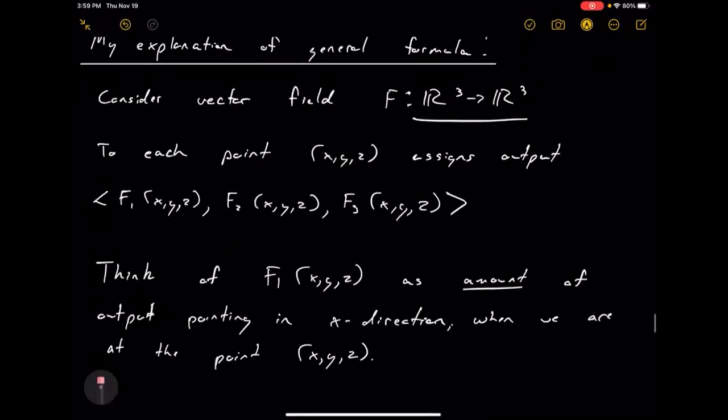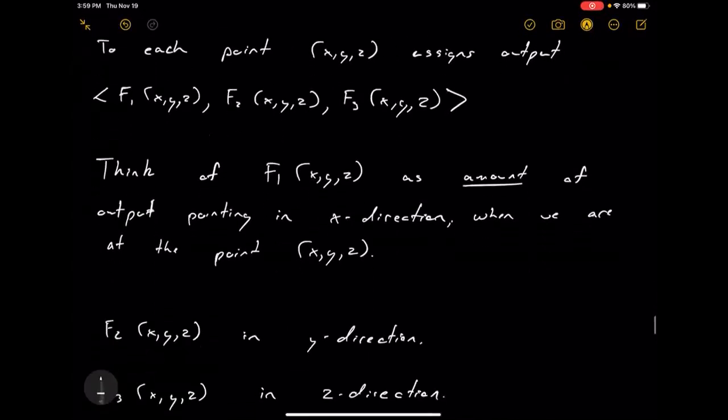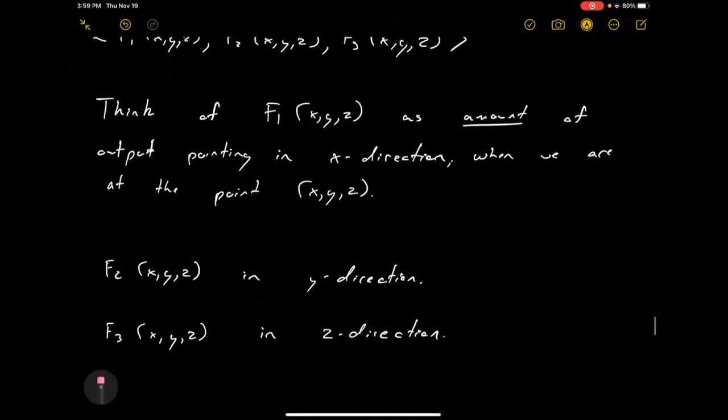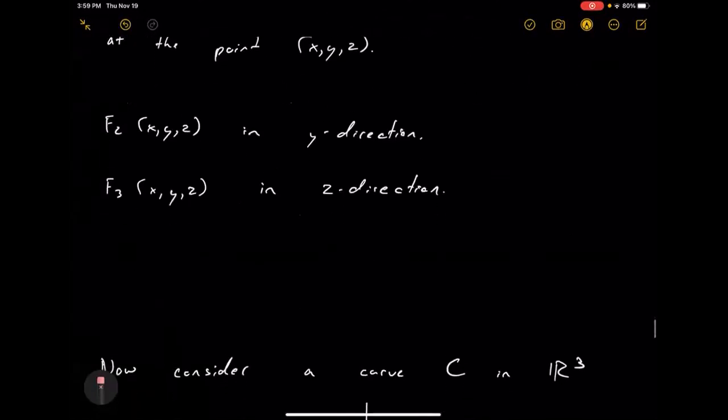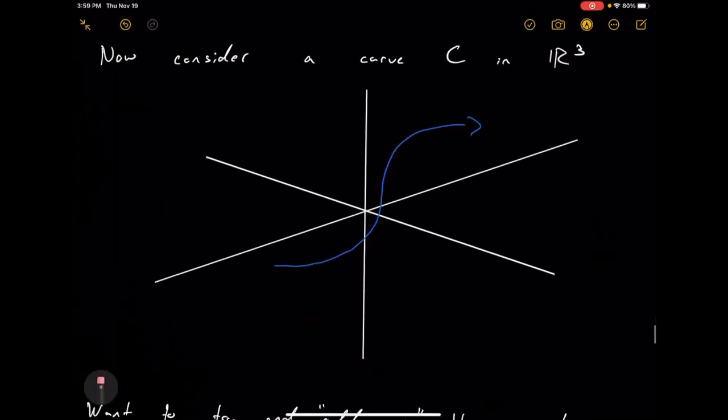That's just talking about the function F. Now we could think of F1 as the amount of our output pointing in the x direction: this is the output in the x direction, this is the output in the y direction, this is the output in the z direction. That's one way to think about it. And now let's consider a curve. Let's say this is my domain R3.